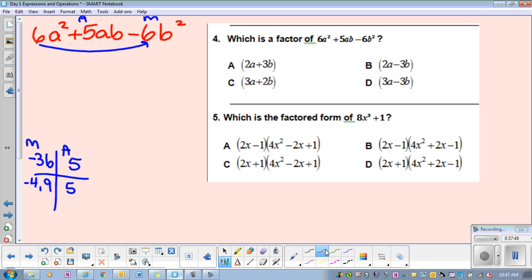So that means bring down the first, 6a squared. Bring down the last, minus 6b squared. Let's rewrite the one in the middle, this ab, using the two numbers that we have, negative 4 and 9. So I'm going to say minus 4ab plus 9ab. You see what I'm doing?